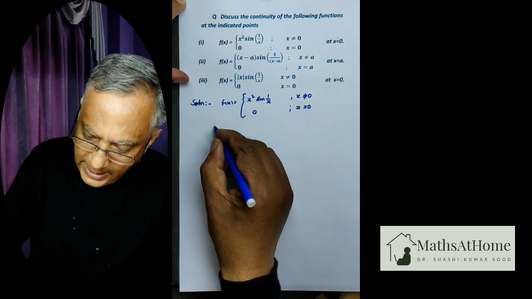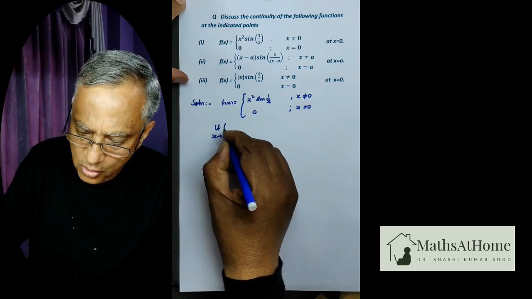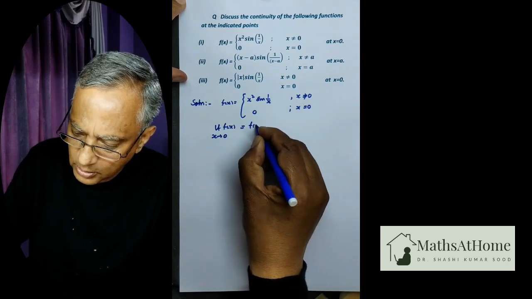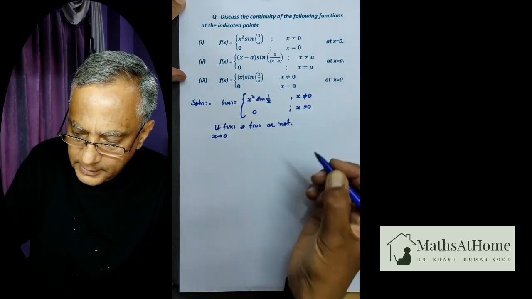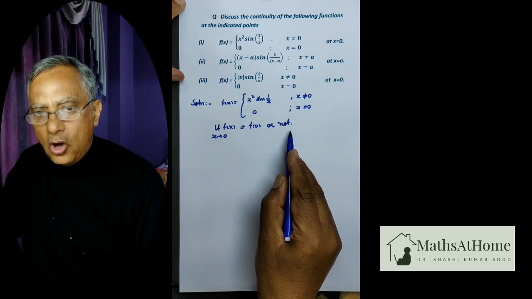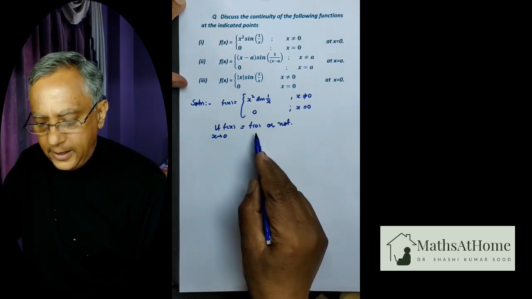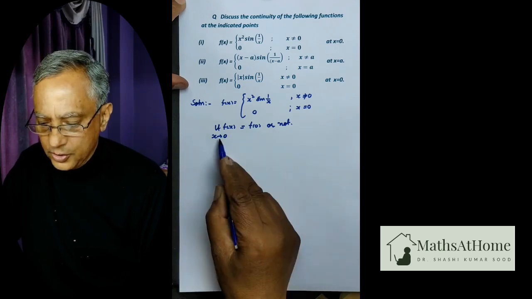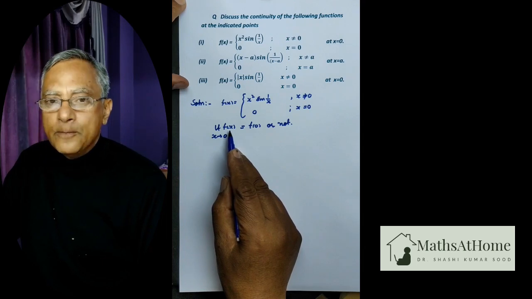So what we have to find is the limit as x approaches 0 of f(x) and check whether this is equal to f(0) or not. If it is equal to f(0), the function will be continuous, and if this is not equal to f(0), the function will be discontinuous. So we have to find the limit as x approaches 0 of f(x).